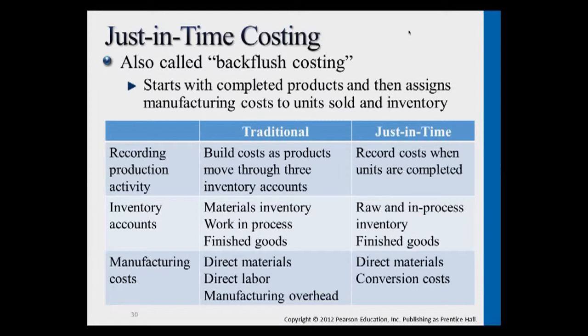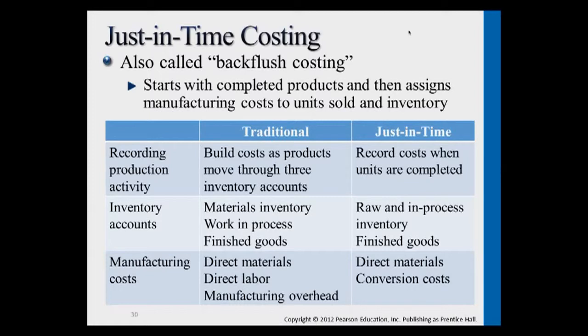Now let's look at the inventory accounts. What is different with the inventory accounts? In traditional, we have materials inventory, work in process, and finished goods, just like we talked about. In my just-in-time, my inventory accounts are raw and in-process inventory, and then finished goods.